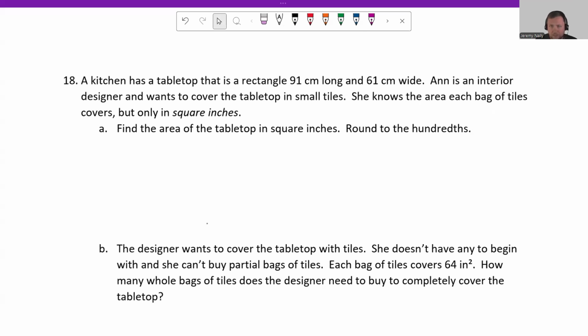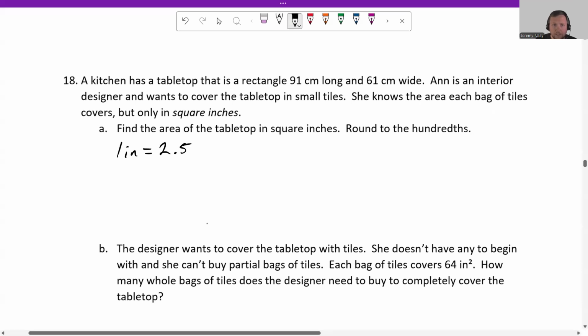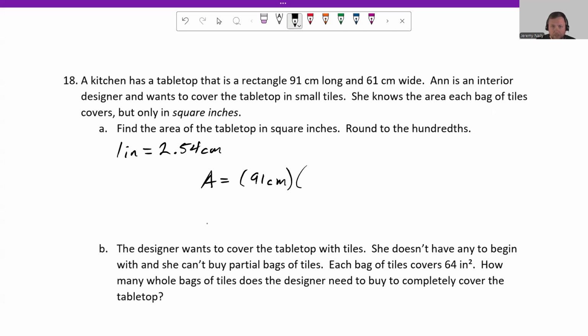So in this one, I can go straight from centimeters to inches. So from the formula sheet, 1 inch is 2.54 centimeters exactly. So then my area, it's 91 centimeters times 61 centimeters, right? Length times width. And then I want to cancel out centimeters and go to inches.